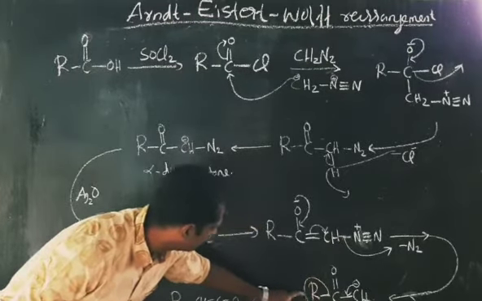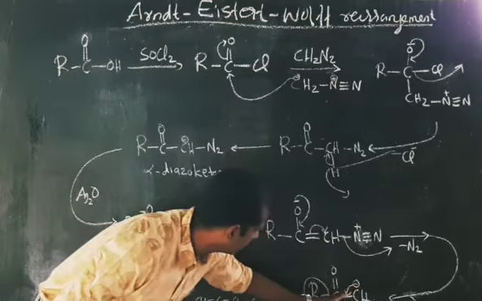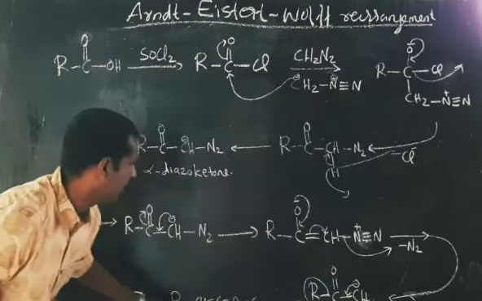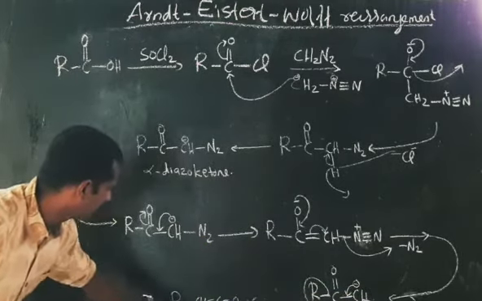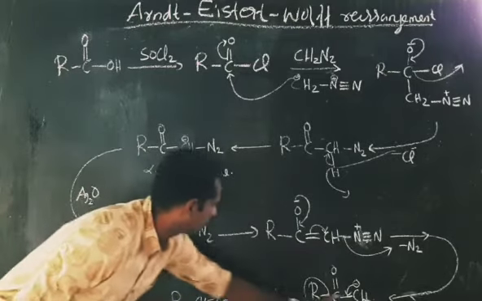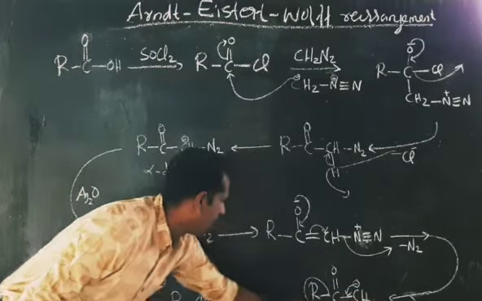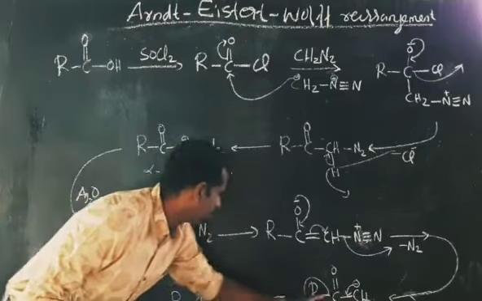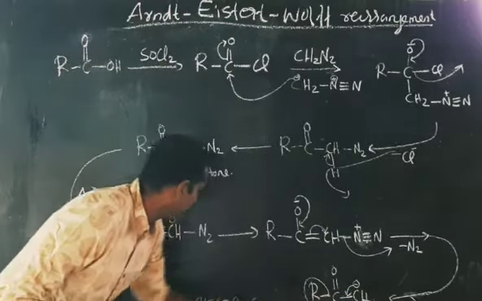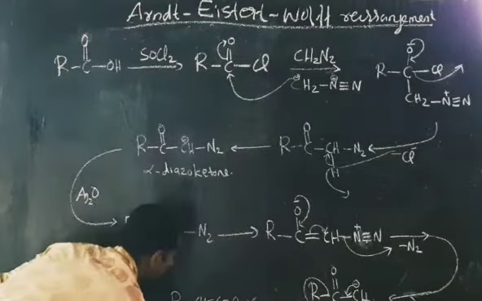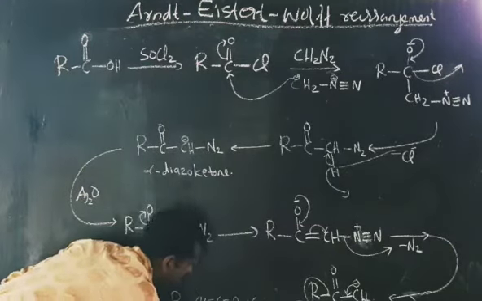When the R shifts to this carbon, this bond is shifted, and you get R, CH, double bond C, double bond O. This is our ketene.